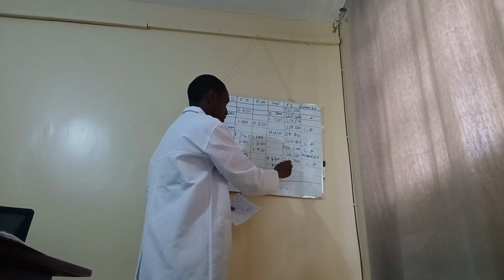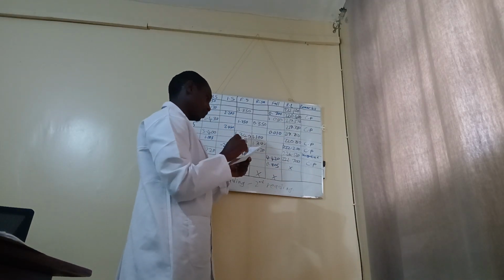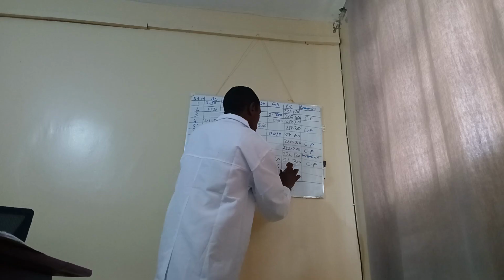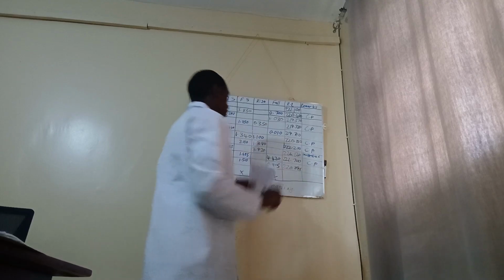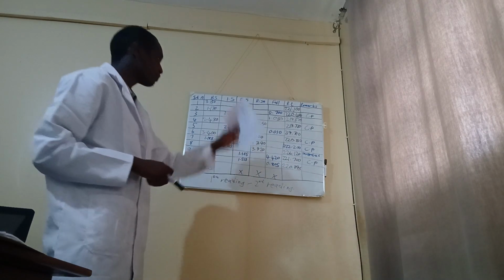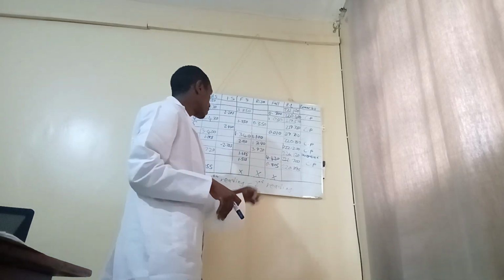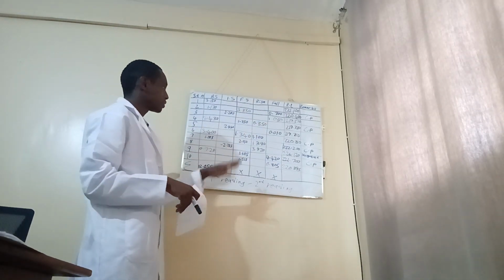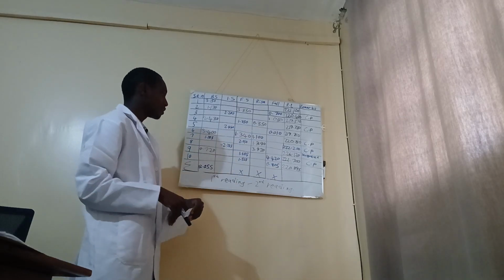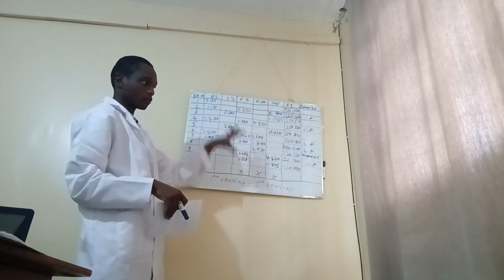It is a fall, so it is this level minus this, and you get to 220.895. Good. So we have completed our reduced level worksheet that was taken in the field, and we have filled all the blanks.